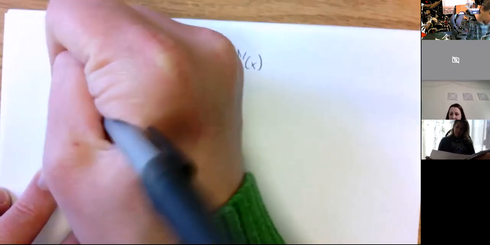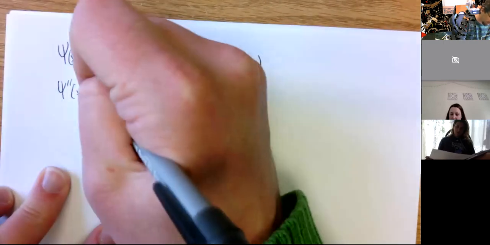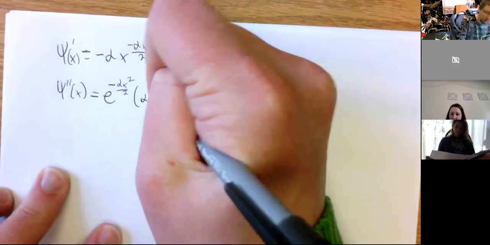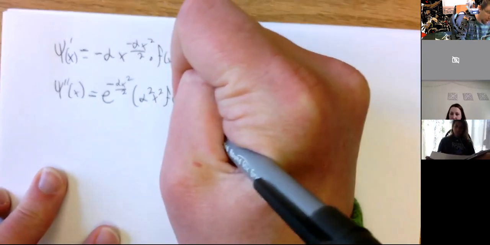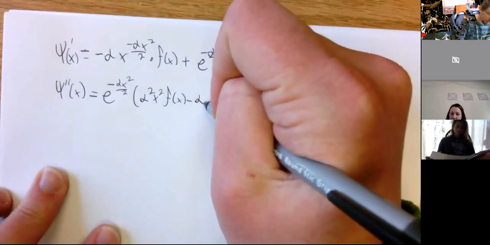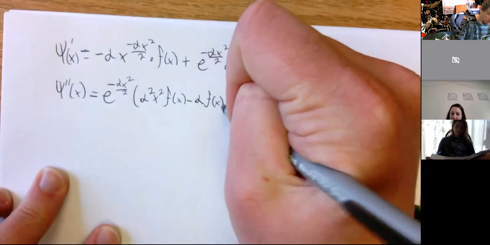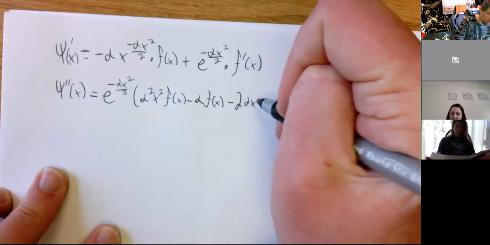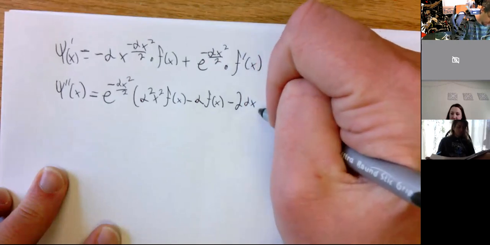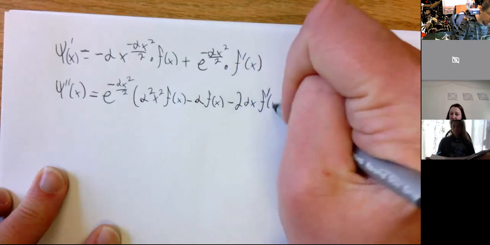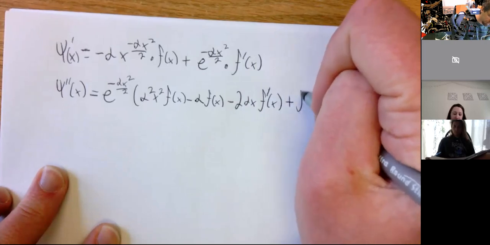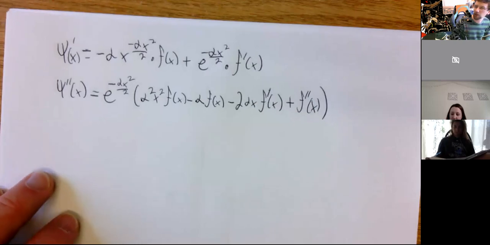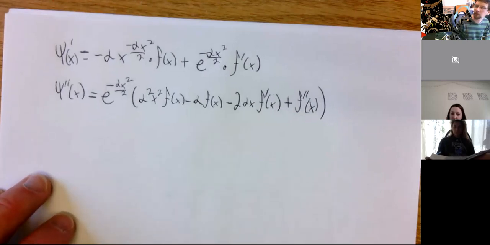We found that result already, which was this big, long, complicated thing: e to the minus alpha x squared over 2, alpha squared x squared f of x minus alpha f of x minus 2 alpha x f prime of x plus f double prime of x. Does that look familiar, or did we do something different? No, that's what we got.